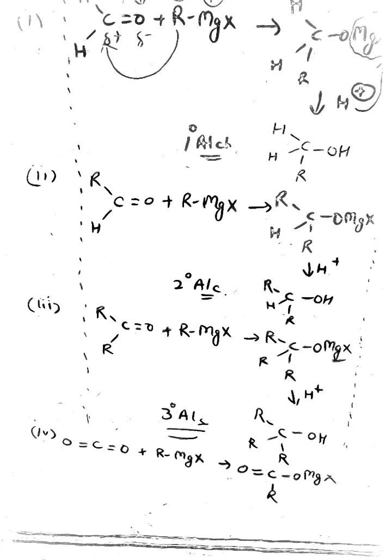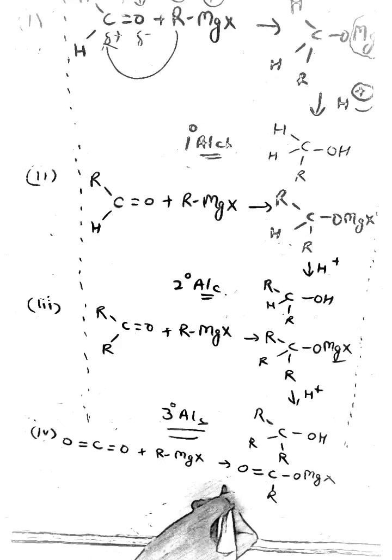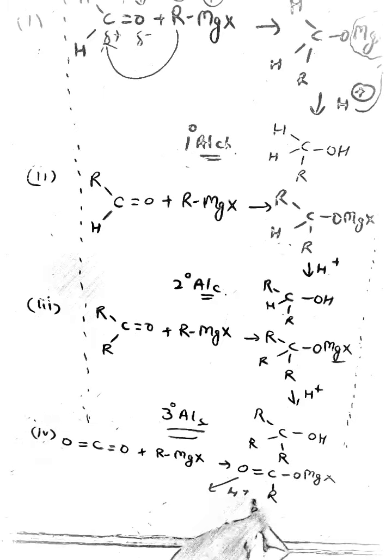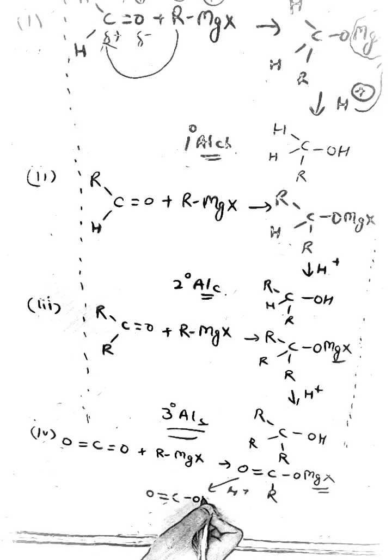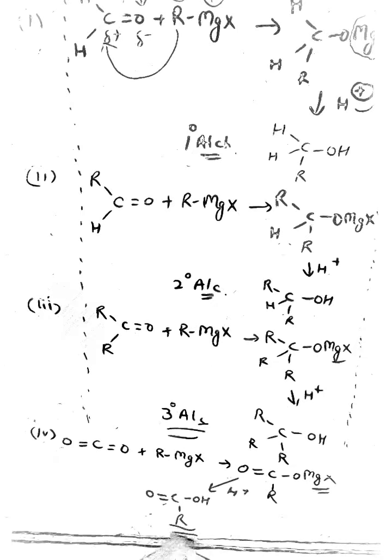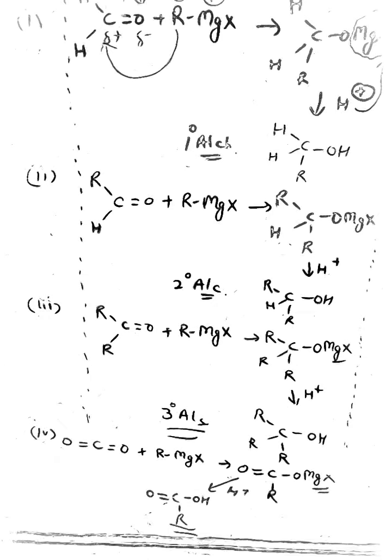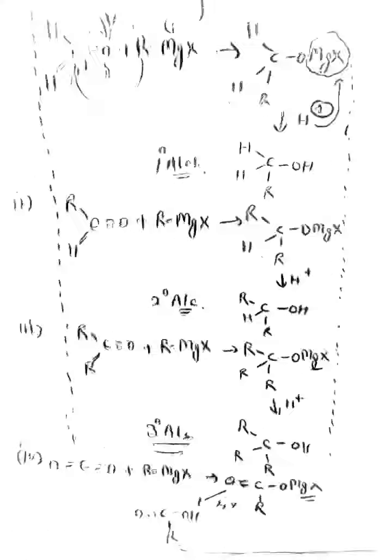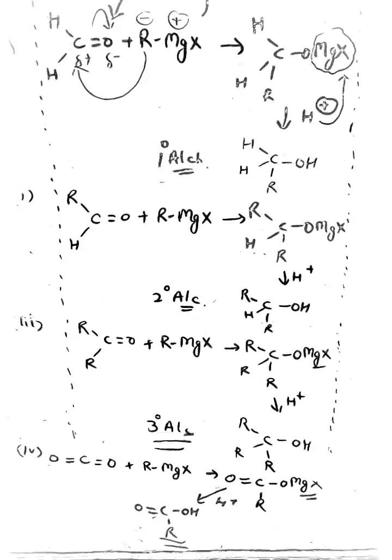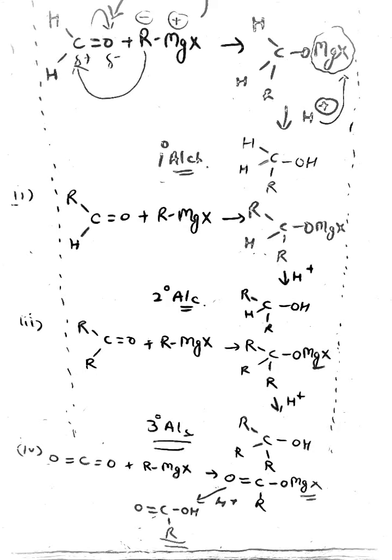Now again, if we add H positive here, it will be replaced by this MgX, and we can get carboxylic acids. So we can prepare 1 degree alcohols, 2 degree alcohols, 3 degree alcohols and carboxylic acid from Grignard reagent.